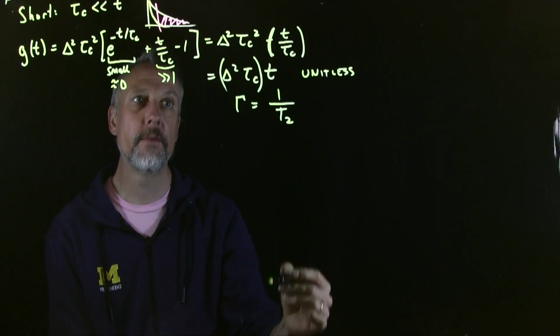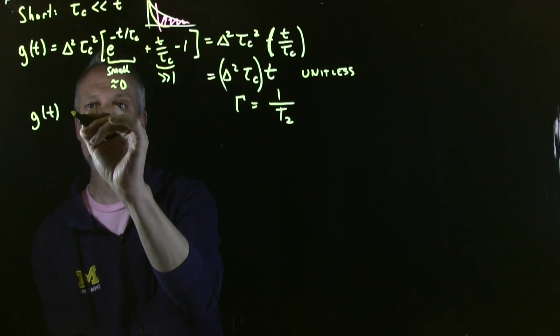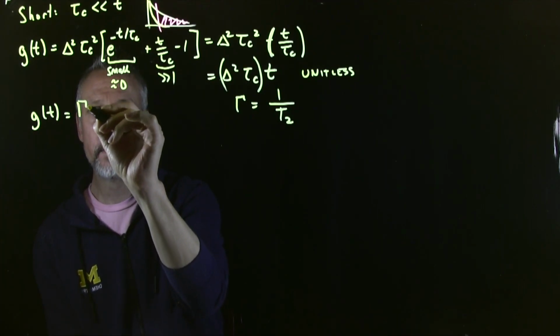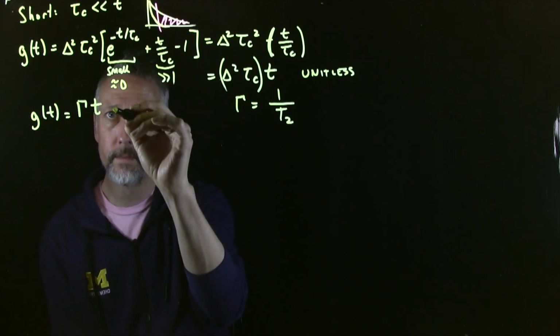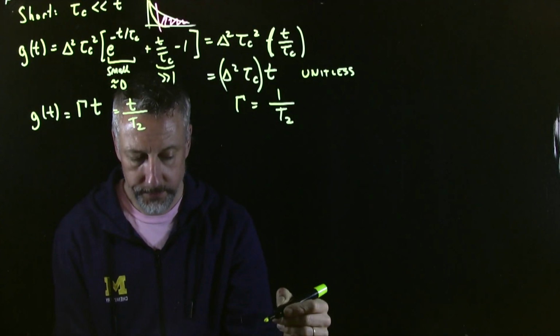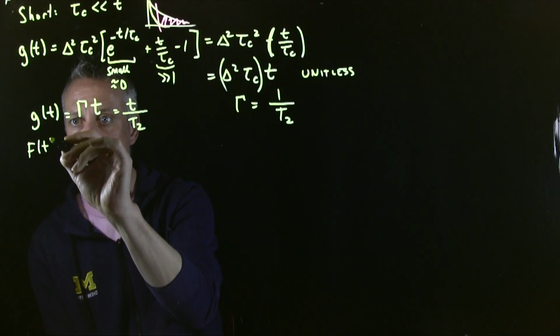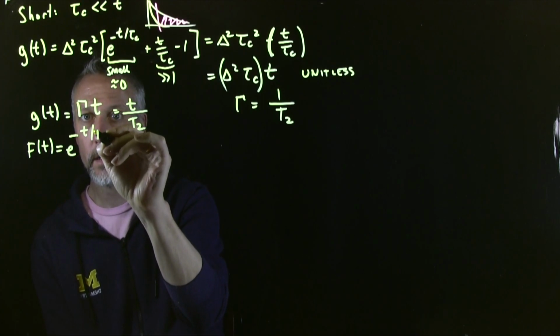So that means that this whole thing, g of t, reduces to gamma t, or t over T2. So the F function is then e to the minus t over T2.